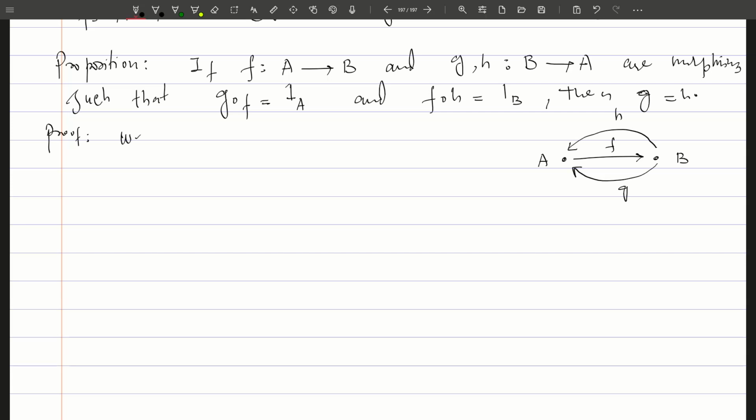So we have G composite F, which is a map from A to A. We are given that this is the identity morphism on A. So this is the morphism F, and this is the identity morphism.